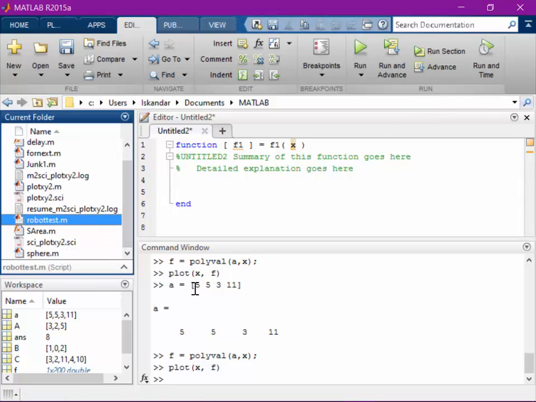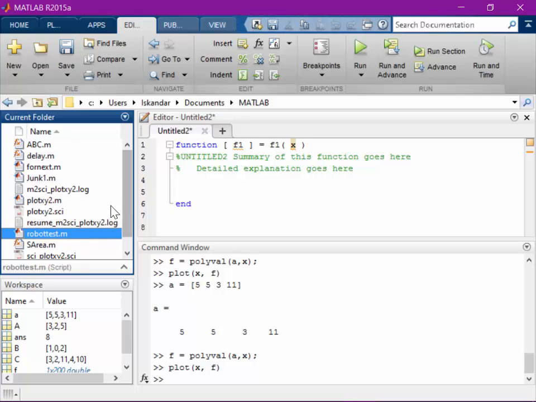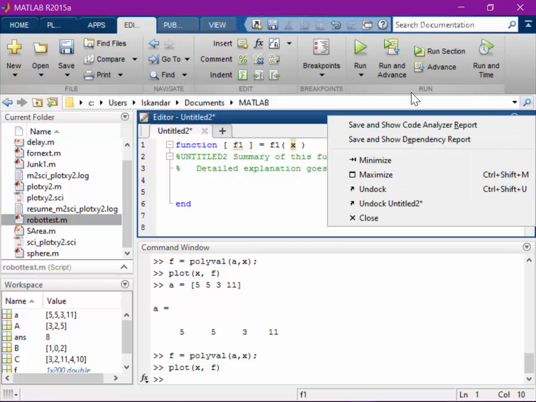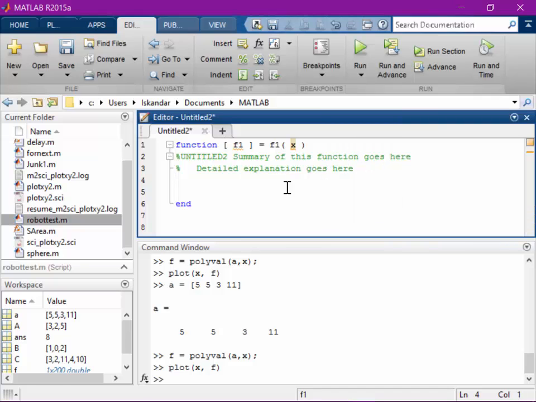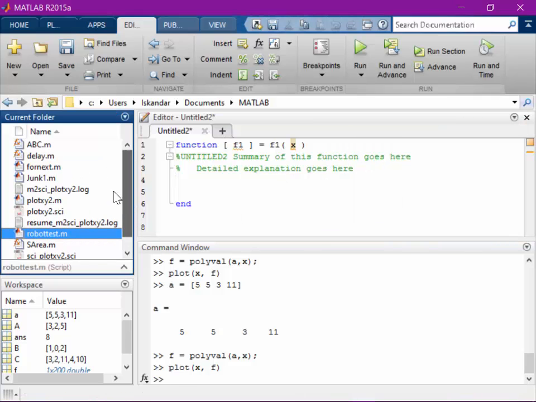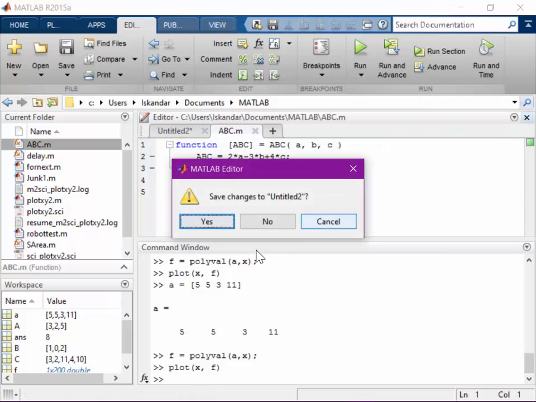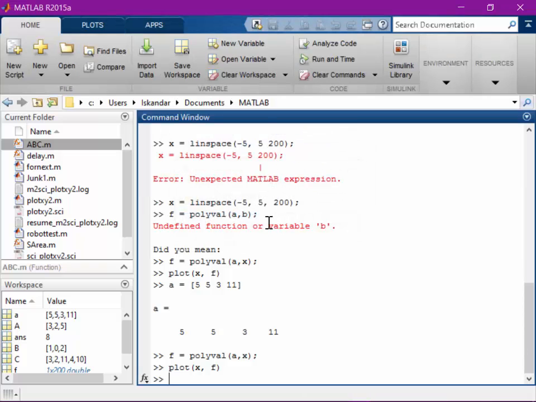I just wrote one to make sure it worked. Yeah, we'll go with that. If I've got a mistake, then, oh, ABC. Let me open up ABC. Okay, this is the format right here: ABC equals ABC, with ABC in brackets.